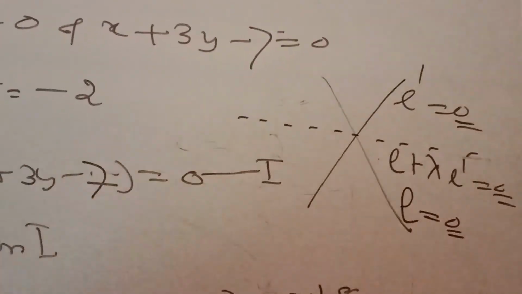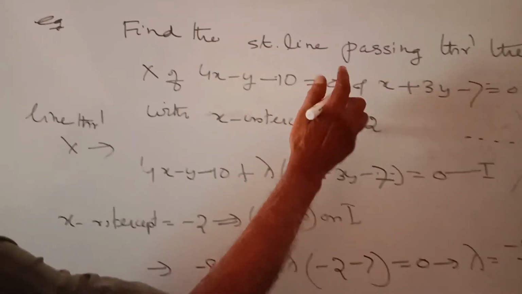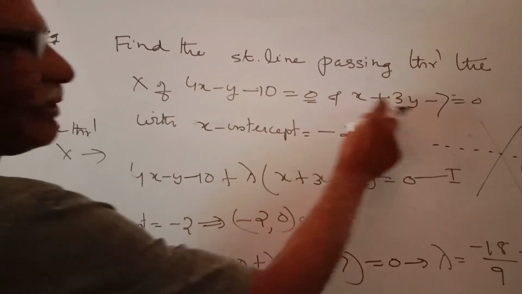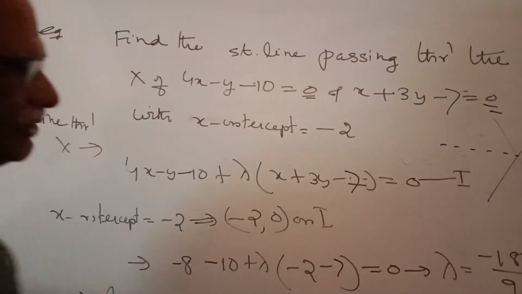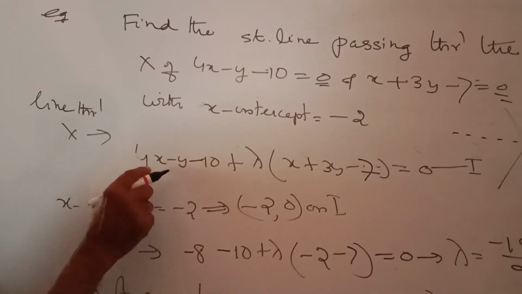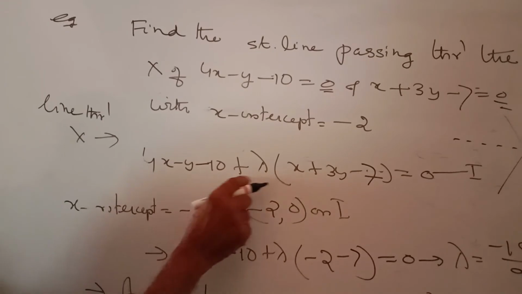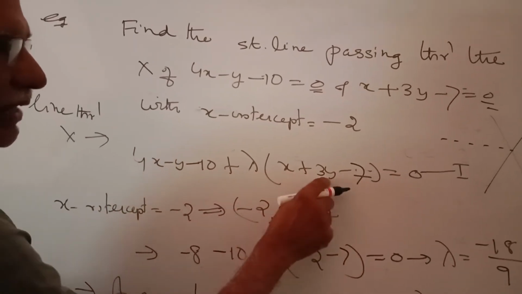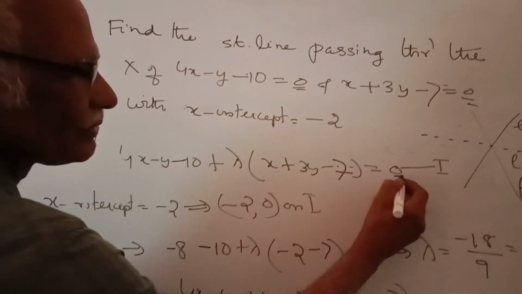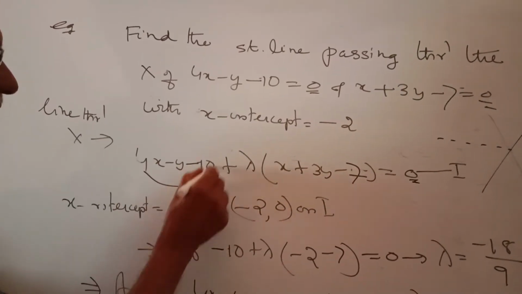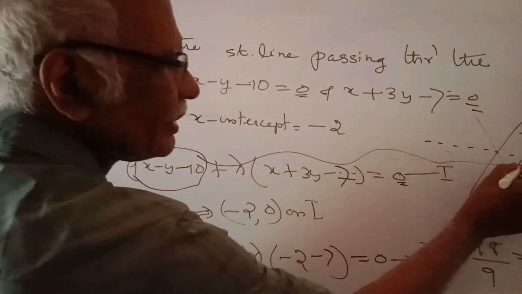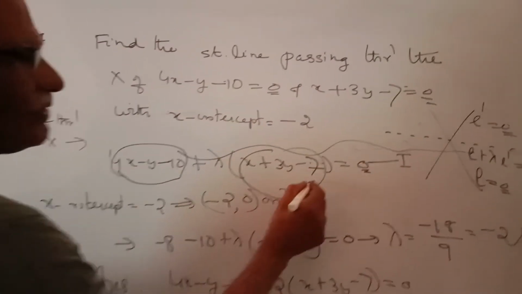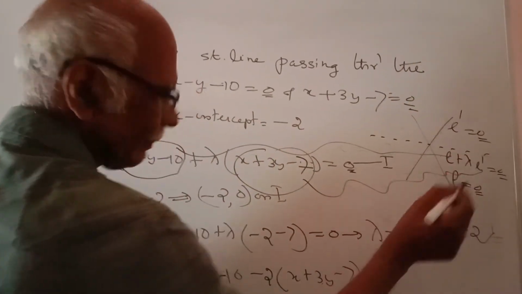Now we move to this. 4x minus y minus 10 equal to 0 is okay. x plus 3y minus 7 equal to 0 is okay. Then the line through the intersection is 4x minus y minus 10 plus lambda into (x plus 3y minus 7) equal to 0. So we see this is the situation here.